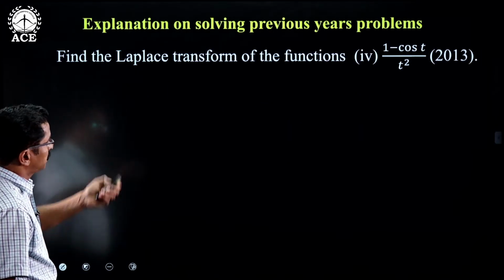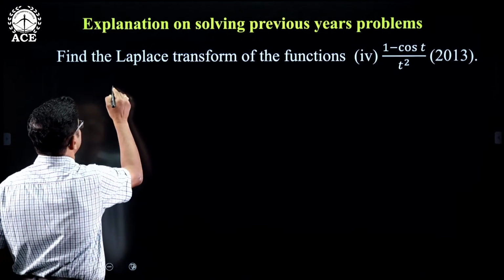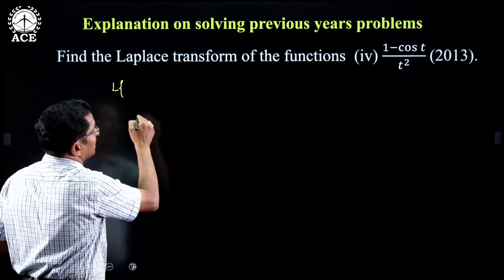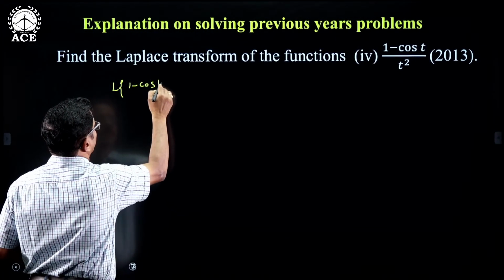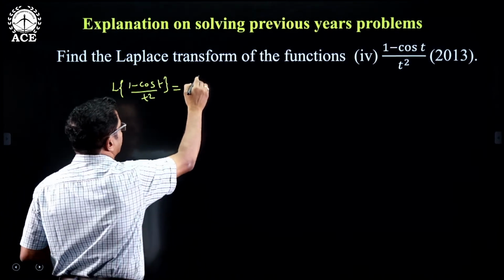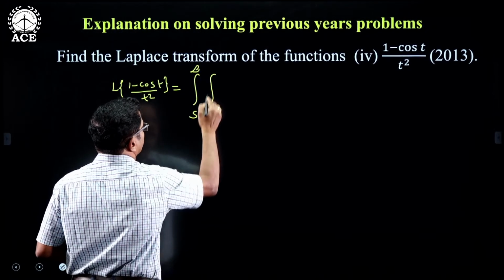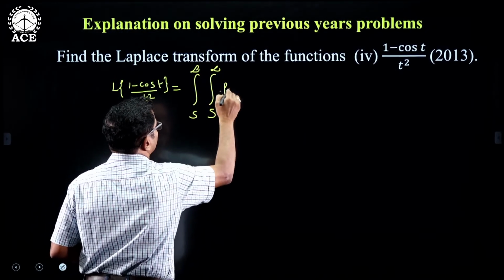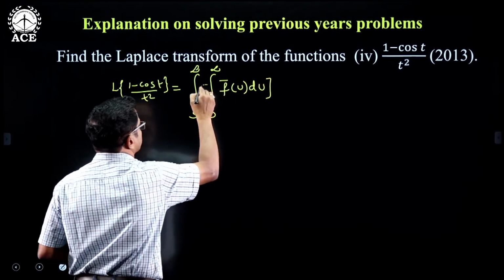Right. Next, 1 minus cos t by t square. So the Laplace transform of (1 minus cos t) by t square is equal to the double integration from s to infinity of f bar of u du into ds.